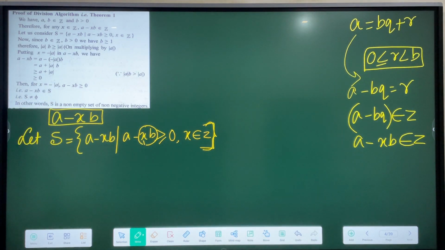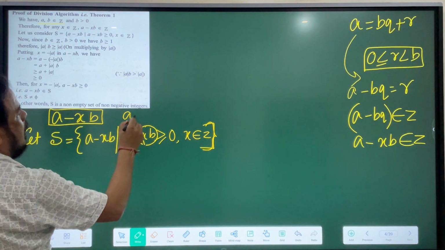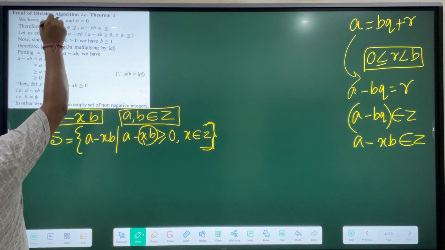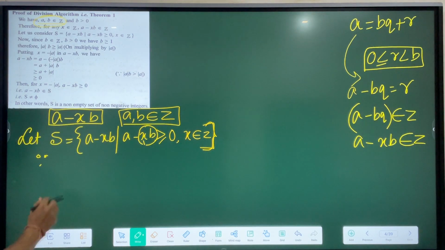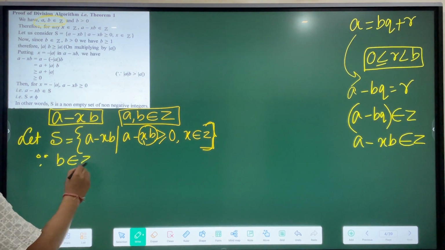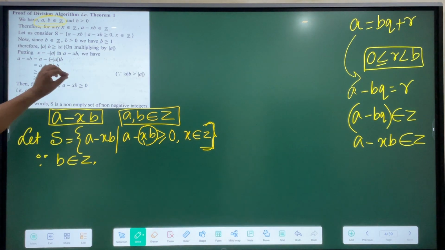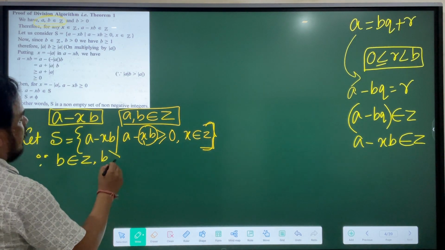Now, here it is given that a and b both belong to Z. This is given in the question. Since b belongs to Z, I will explain what is actually done here. a, b belong to Z and it is also given that b is greater than 0.